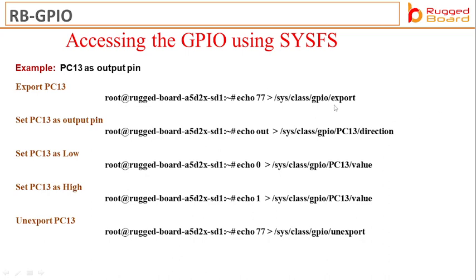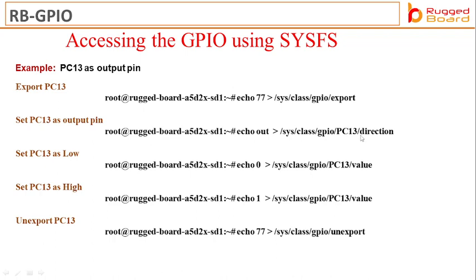Then after exporting, we want to make that pin direction an output. For that, we echo out and redirect it into the direction file inside the exported PC13 folder.